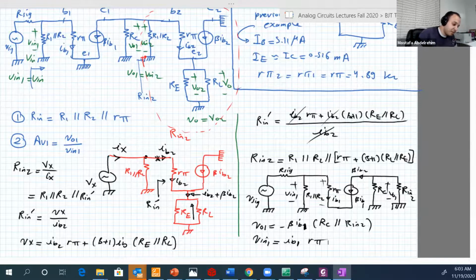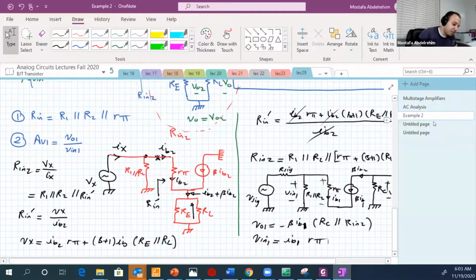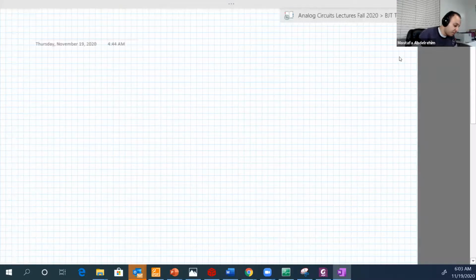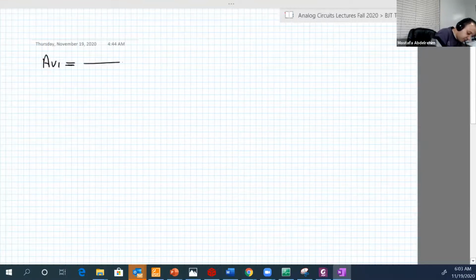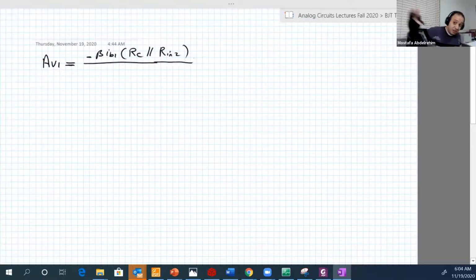So based on that, if we go to another page, so now AV1 equal to, so VO1 is minus beta IB1 RC parallel R input 2, which is a very big resistance, over IB1 R pi. So this will go with this.